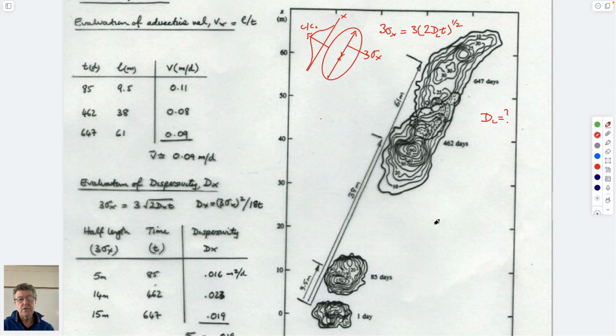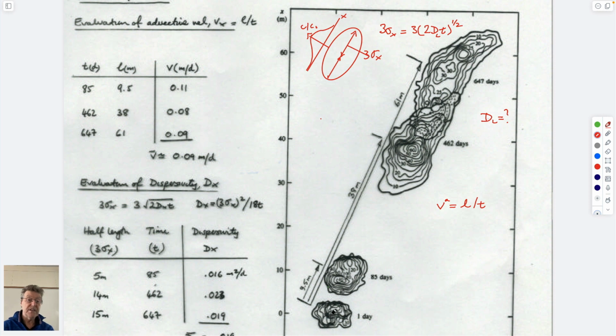And we do it quite straightforwardly by using the fact that the advective velocity is equal to the length traveled divided by the time. So if we have the length traveled and how long it's taken to get there, we can calculate it.